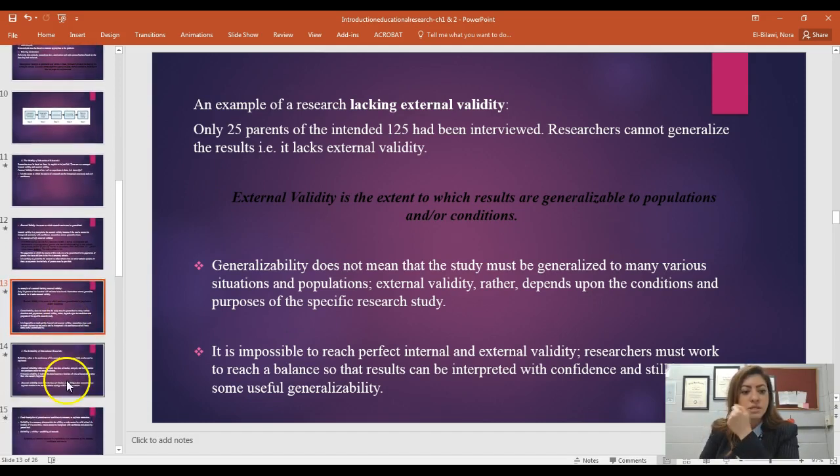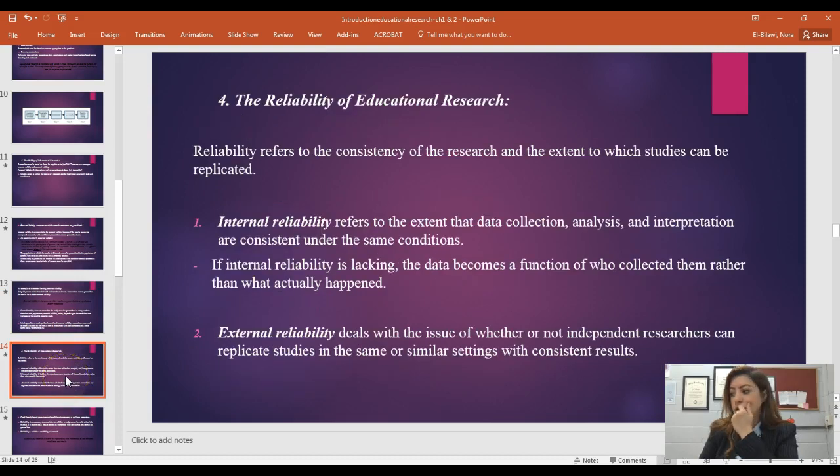So we just discussed this. I'm not going to waste your time with extra detail on this. Now, reliability. Internal reliability refers to the extent that data collection, analysis, and interpretation are consistent under the same conditions. And so you are describing in details to catch the internal validity, right? But you really have to make sure that the conditions are consistent.